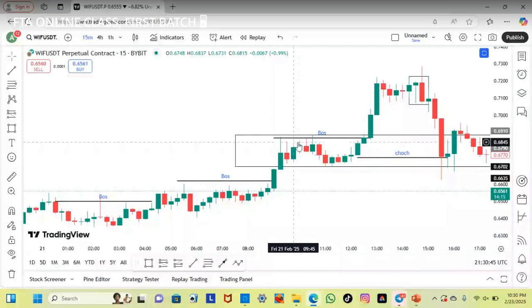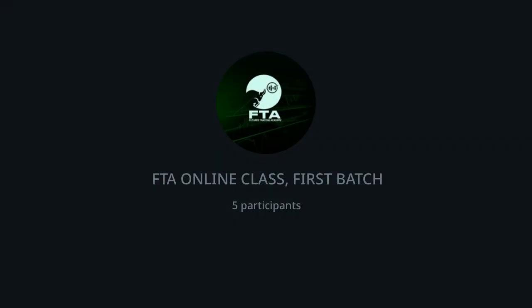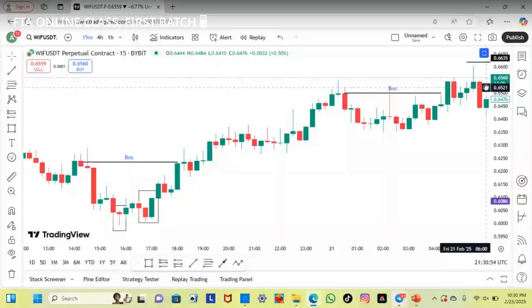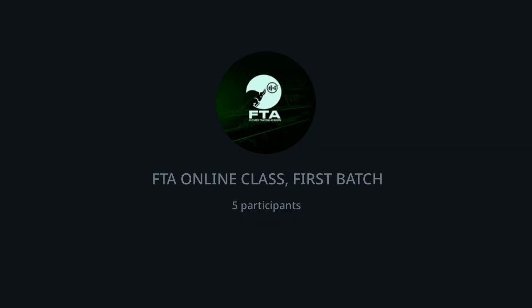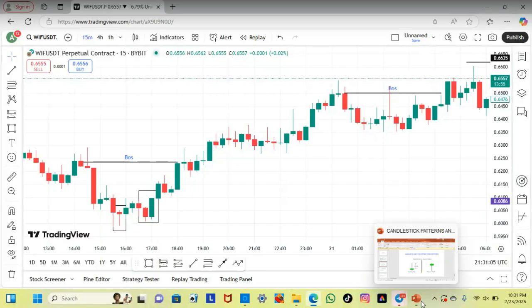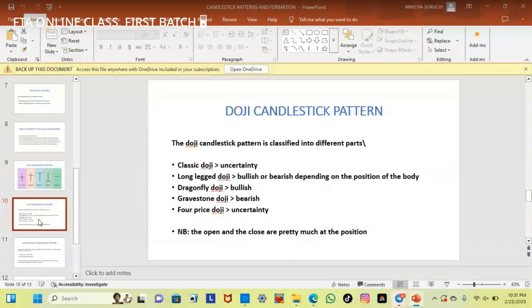Every part of this chart here, you can see doji patterns all around. So one other thing you must notice about a doji candlestick pattern is that it has a small real body.